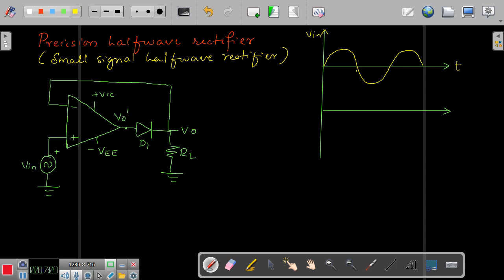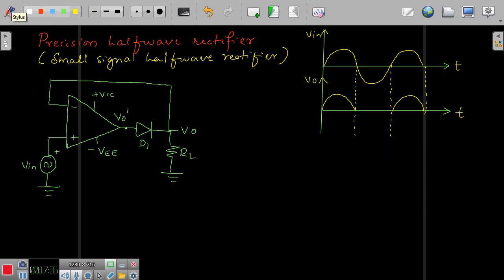Now this is the precision half wave rectifier, so therefore you know exactly what happens here. Yeah, this is your V0. This is T. All of you please note down these waveforms.